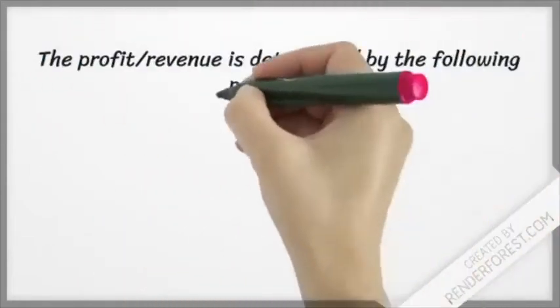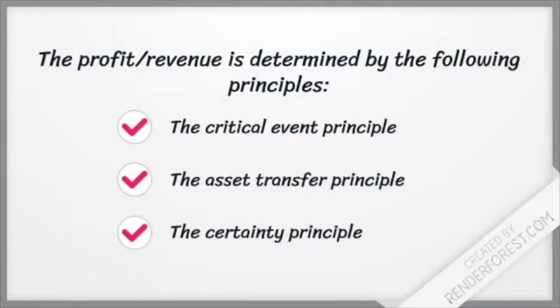The profit or revenue is determined by the following principles. The first one is the critical event principle, second is the asset transfer principle, and then the last one is the certainty principle. The critical event principle is the critical part of any business operation is selling goods or services.